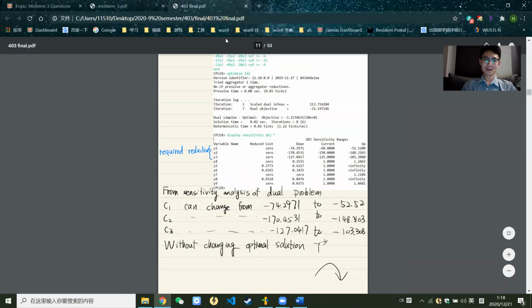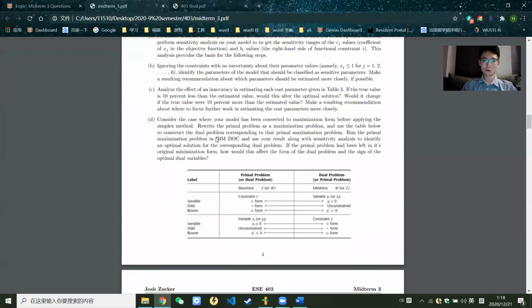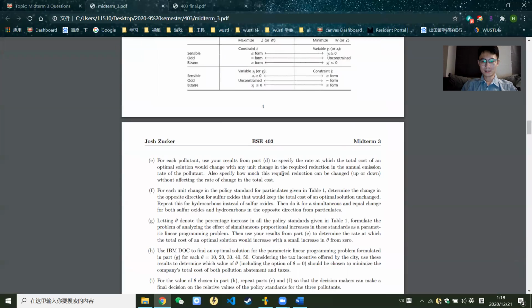So what does it mean? It asks us how much the reduction can be changed without affecting the rate of change in the total cost.